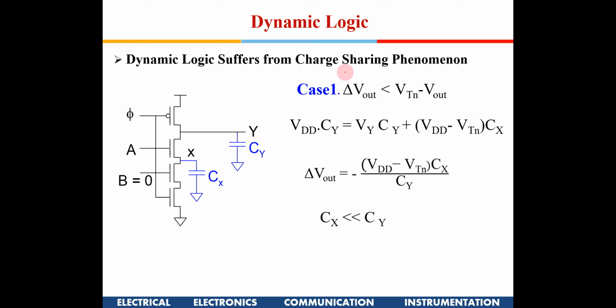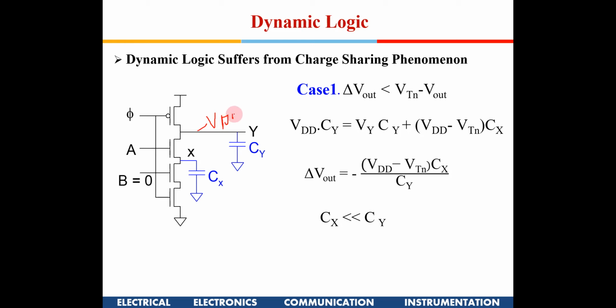It suffers from the charge sharing phenomenon, right? That means whatever charge is available here, suppose this is a NAND gate and B is 0, and this is being pre-charged to VDD initially.